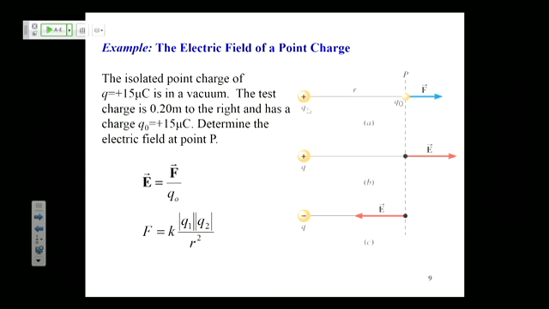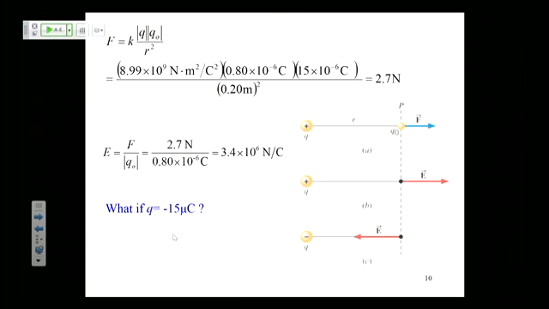The force is equal to the product Q Q naught divided by R squared, the whole thing multiplied by the electrostatic constant K. When you plug in the numerical values for K, for Q, for Q naught, for R, this is your force. It is 2.7 Newton.